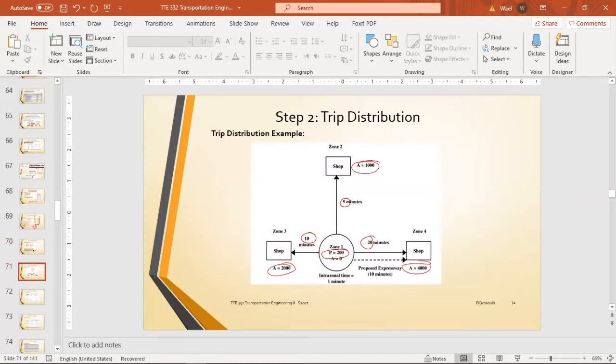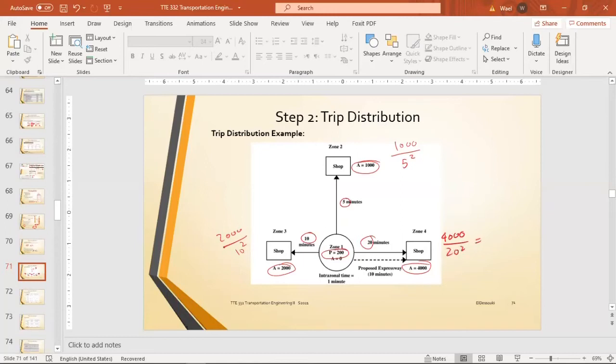In this case, the pulling for zone 2 will be 1,000 divided by 5 squared. The pulling for zone 3 will be 2,000 divided by 10 minutes squared. For zone 4, the pulling force will be 4,000 divided by 20 minutes squared.